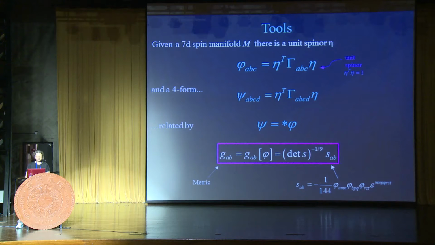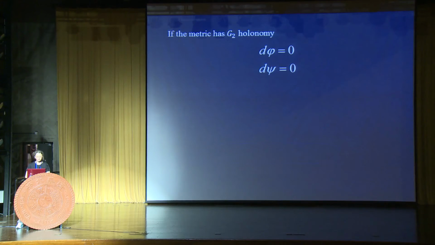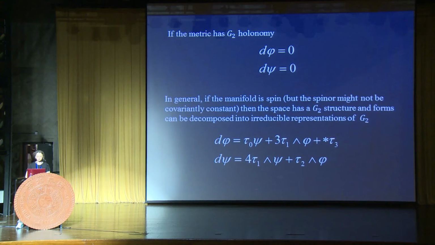So when I will be talking about alpha prime corrections, the fundamental thing to solve for are not corrections to the metric, but corrections to the 3 form. So if the metric has G2 holonomy, this form is closed and co-closed. But in general, if the manifold is spin, but this spinor might not be covariantly constant, then we have what is called a G2 structure, and d phi and d psi will in general then fail to be closed.